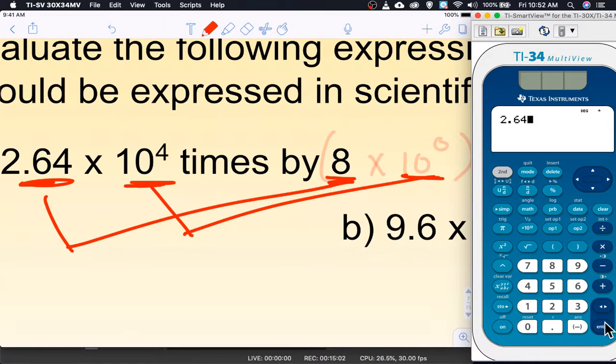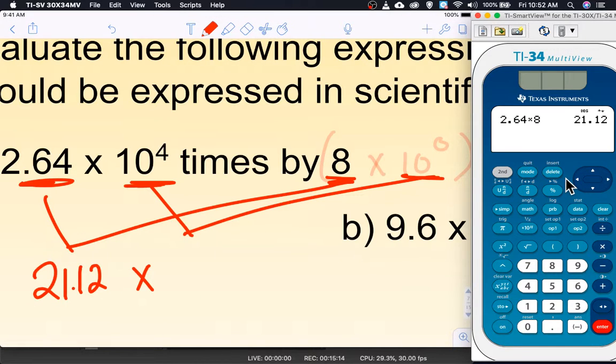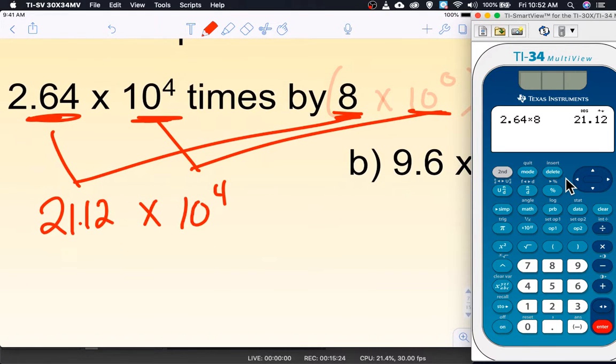2.64 times 8 is 21.12. And when you multiply your powers of 10 together, when you multiply powers, you add the exponents. It stays 10 to the 4th power. And then we change our answer back into scientific notation to 0.112.